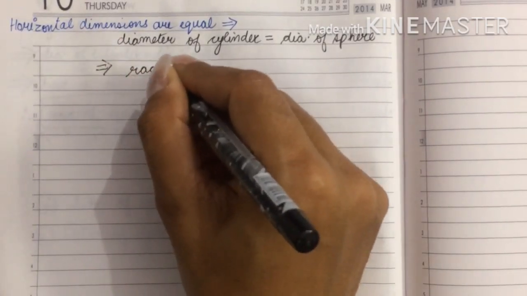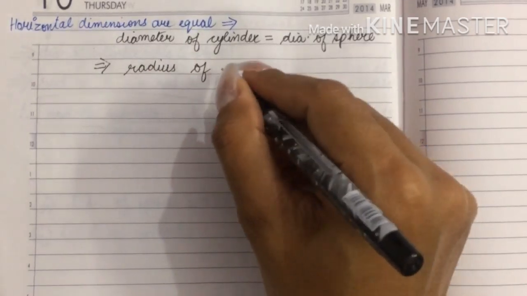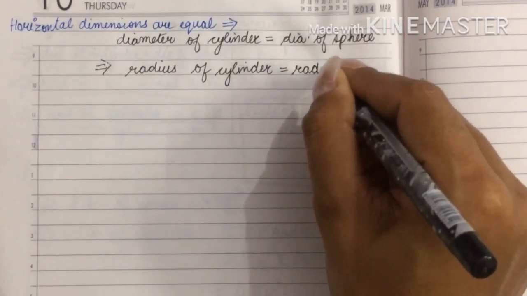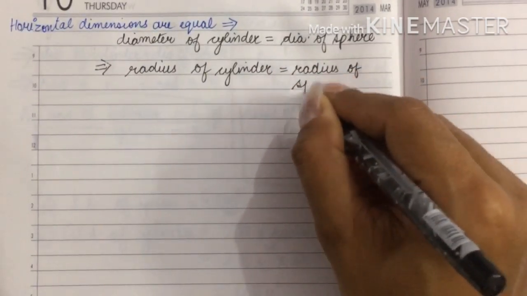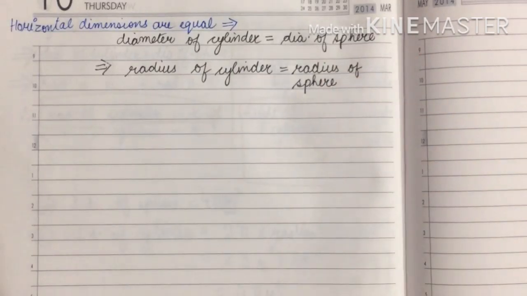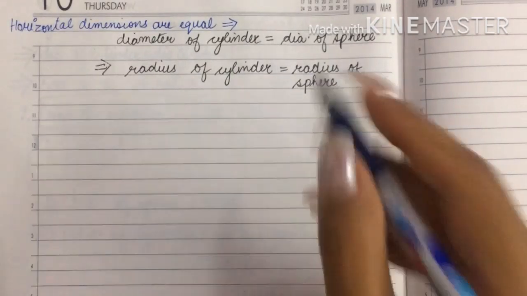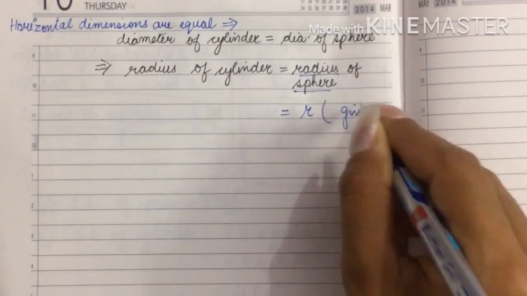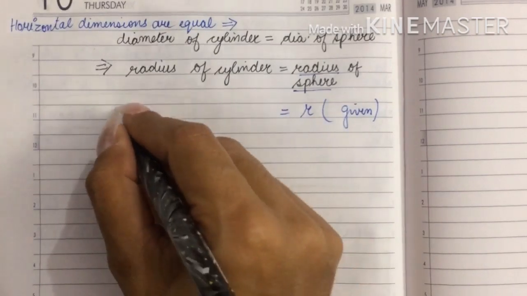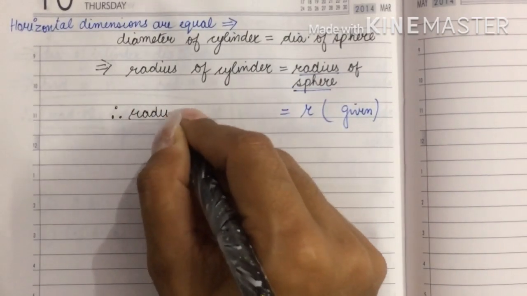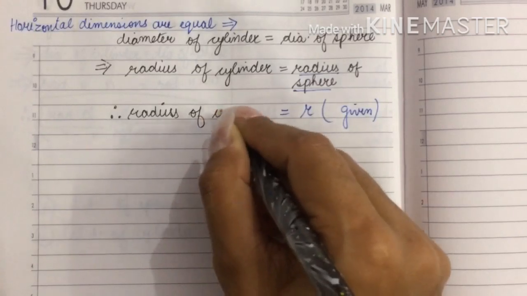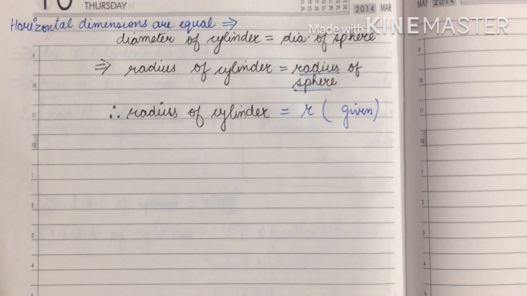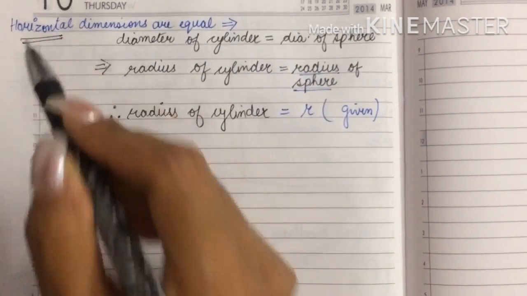This means the radius of cylinder is equal to the radius of sphere. The radius of sphere is given as r. Therefore, the radius of cylinder is also equal to r. This was using the horizontal dimensions.